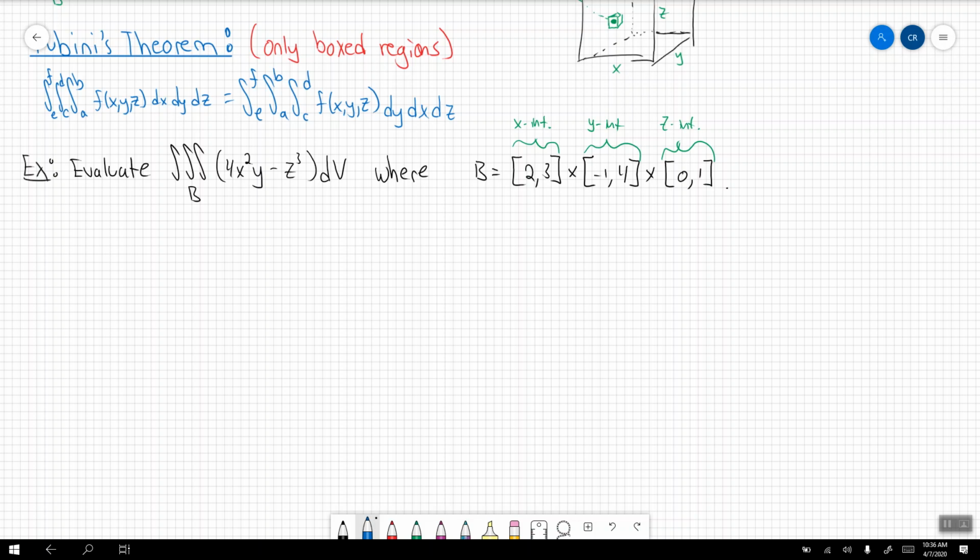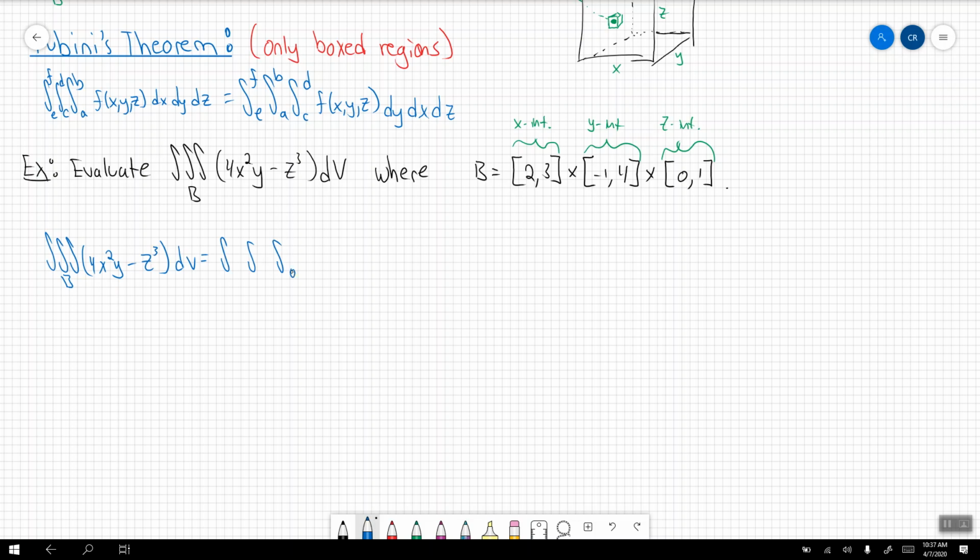All right, so using Fubini's theorem, I'm going to say that my triple integral over this boxed region of 4x squared y minus z cubed dV is going to be equal to, and I'm going to leave the spacing on the integrals, that way I can write the limits of integration.